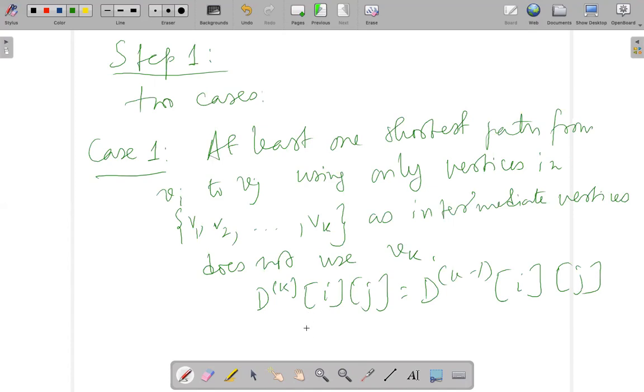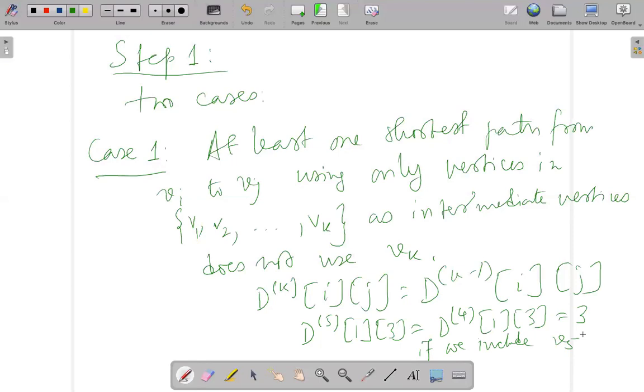So as an example, in the graph that we are using now as the use case, D513 is equal to D413, which is equal to 3, since if we include V5, I told you earlier also for some other examples, the shortest path from V1 to V3 still is V1, V4, V3, right?